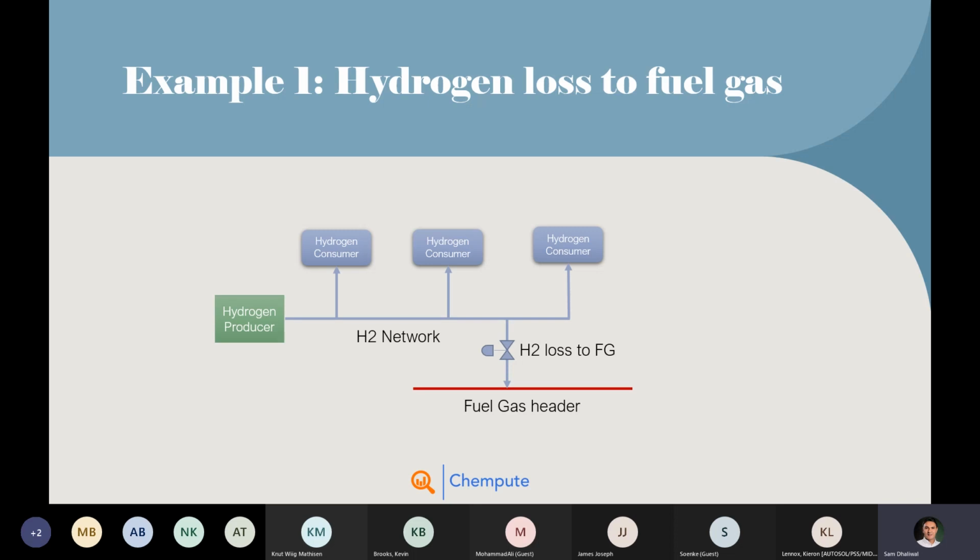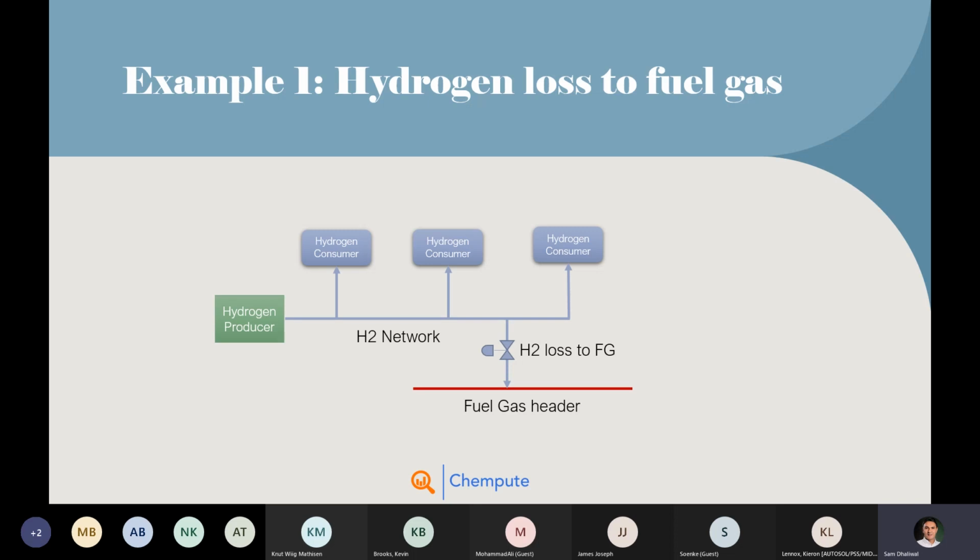Obviously, good operators will see that coming. They will make the adjustments fairly quickly, and you will perhaps avert this scenario. But quite often, these disturbances happen quite quickly, and you might end up with some losses here.